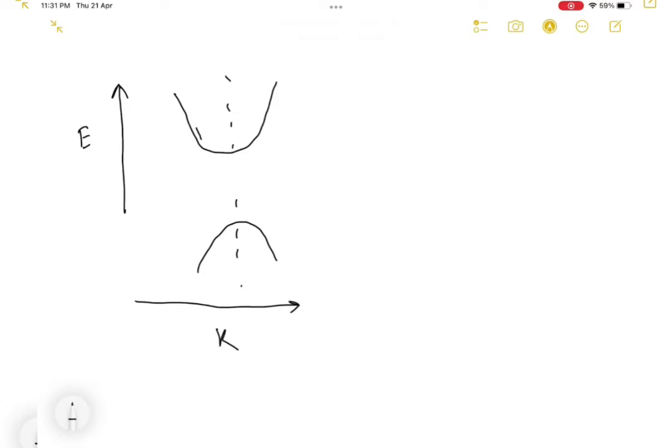So if we show schematically the EK diagram of direct band gap semiconductor, we see the parabolic band here of conduction band and the valence band, and say here K is equal to 0, that is momentum. So the upper one is conduction band minima and it is valence band maxima.